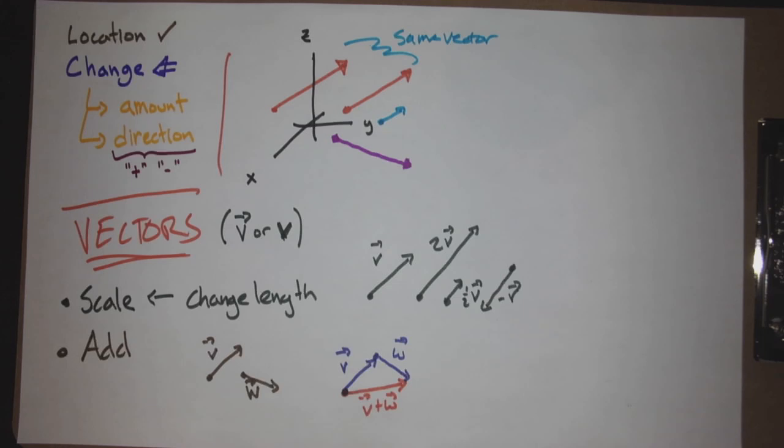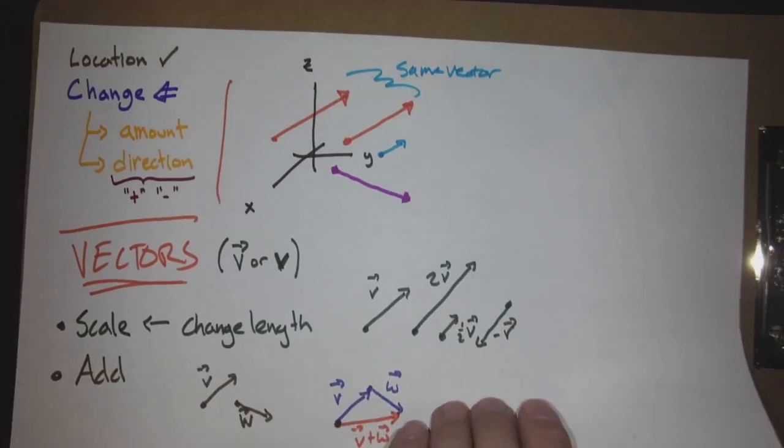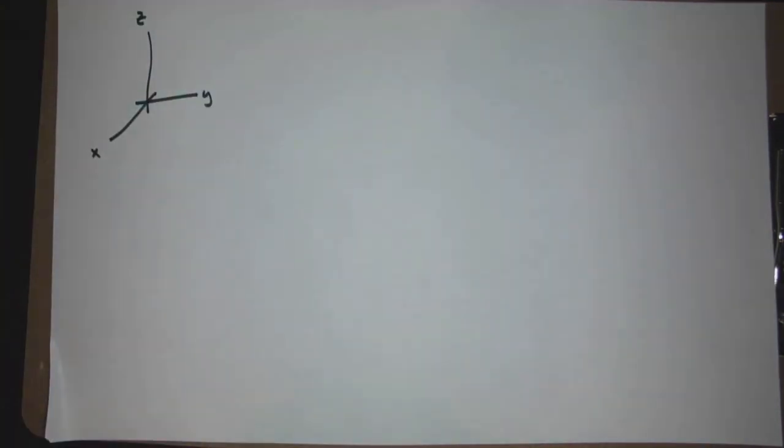All right, great. So that's wonderful, but we like numbers. So how do we get to numbers? Well, we're going to think about some special vectors. We have our three-dimensional space, x, y, and z.